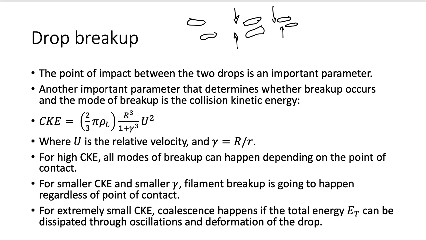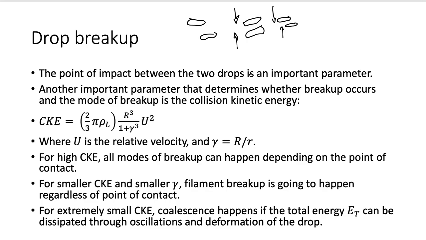This will be a massive collision. This might actually not result in any kind of coalescence, and it may just trigger some oscillations, but may not have a bigger effect on the droplets. But the point of impact is one part of the story, but not the only part of the story.